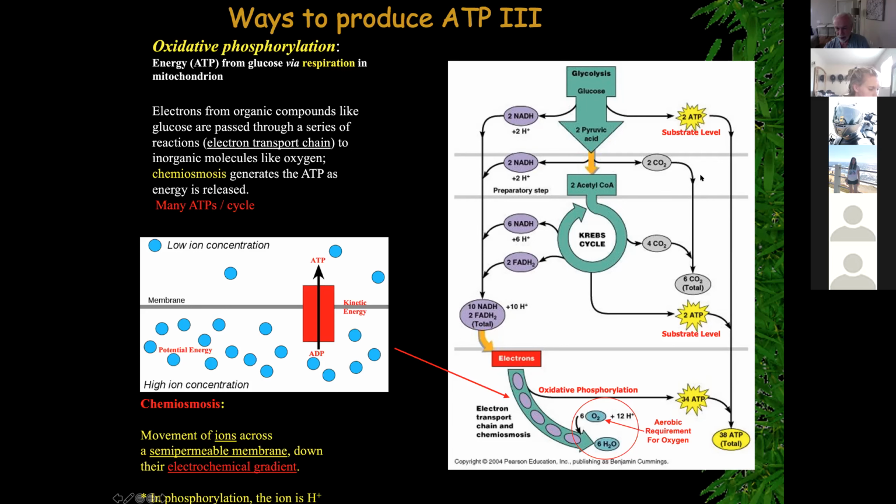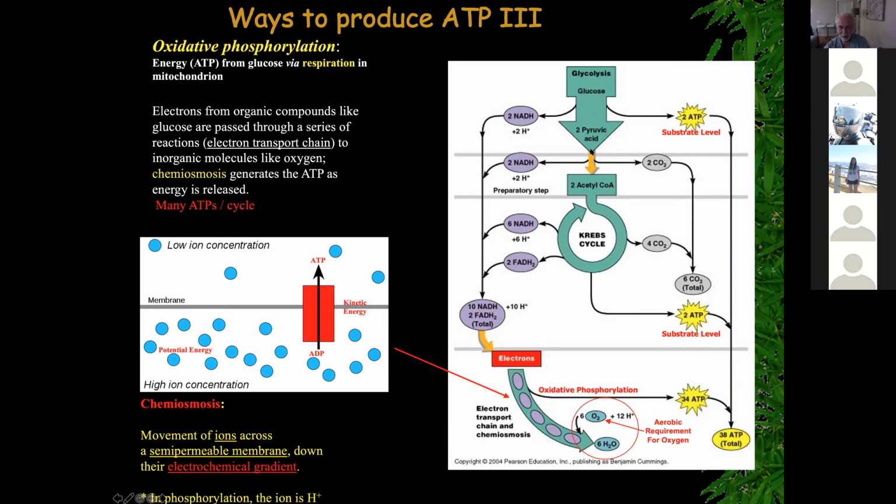So here's where we can count ATP molecules. And we'll start with glucose in the cytoplasm and glycolysis. Glucose is a 6-carbon molecule. It is hydrolyzed into 2 3-carbon molecules, which are called pyruvic acid.